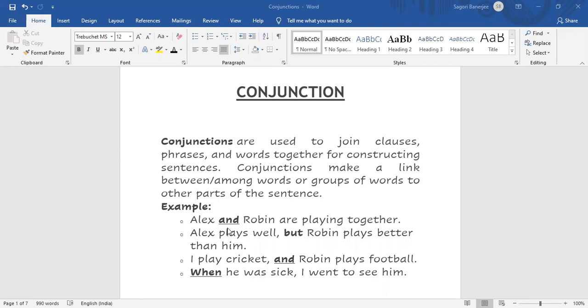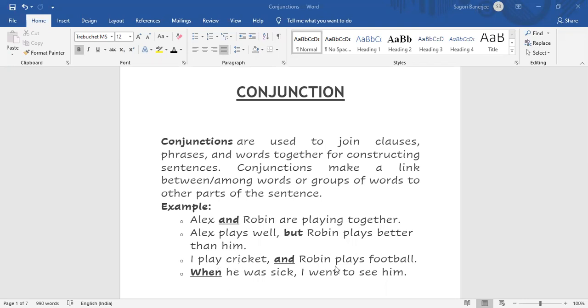So if we see the example, we all know this type of examples. Like you see, Alex and Robin are playing together. You see, I highlighted the conjunctions. Alex and Robin. Two words have been joined with the conjunction and. Alex plays well, but Robin plays better than him. Here you see, Alex plays well is one clause, Robin plays better than him is another clause, which have been joined by a conjunction, but.